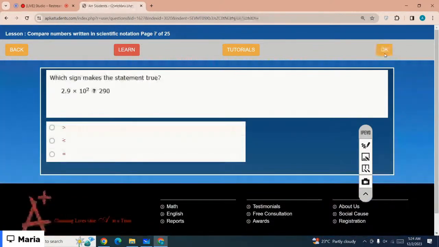Okay, which sign makes the statement true? 2.9 times 10 exponent 2.